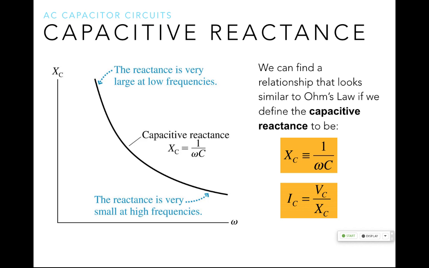So it includes both the frequency and the capacitance for a reason. Bigger capacitor means lower reactance. Bigger frequency means less reactance. Now this is plotted in terms of frequencies. You can see as the frequency gets bigger, no matter how big the capacitor is, it has less time to respond, and it's going to have less resistance, because you're not going to change your current and voltage very much.